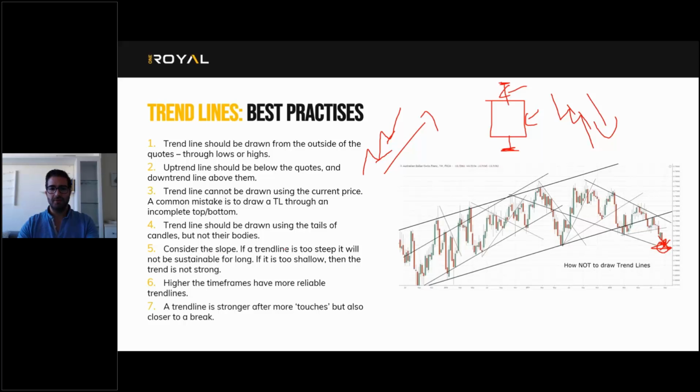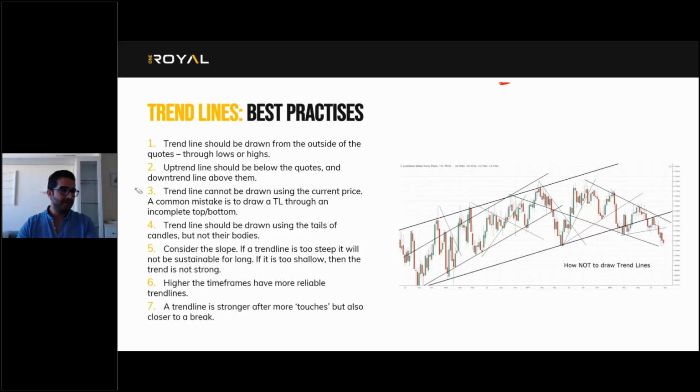Consider the slope. If a trend line is too steep, it will not be sustainable for long. This concept is called buy climax and sell climax, or a parabolic move. Whenever the market is moving steeply to the upside, this is not good for the uptrend.